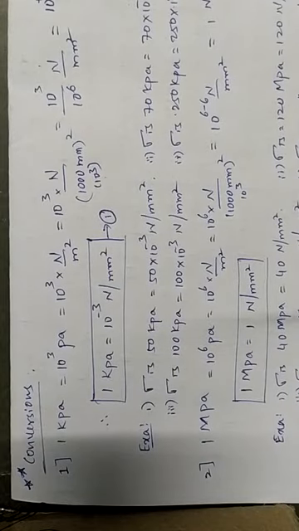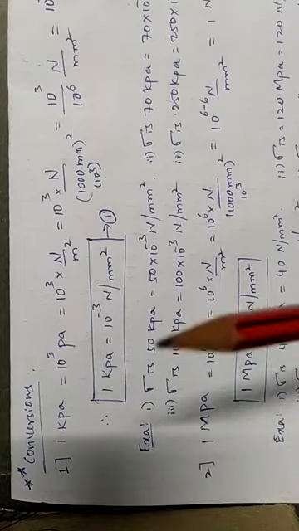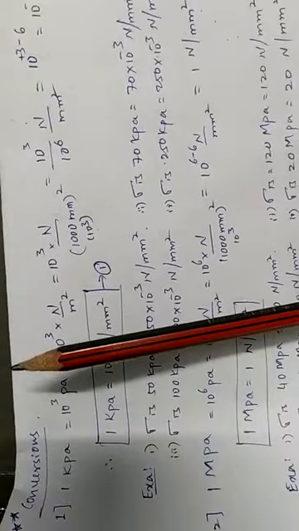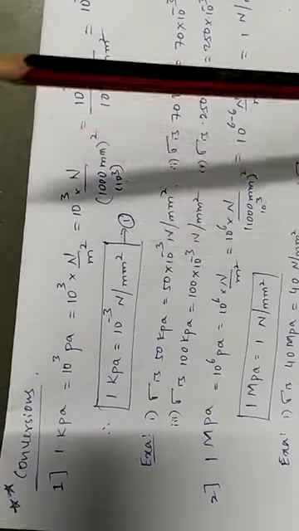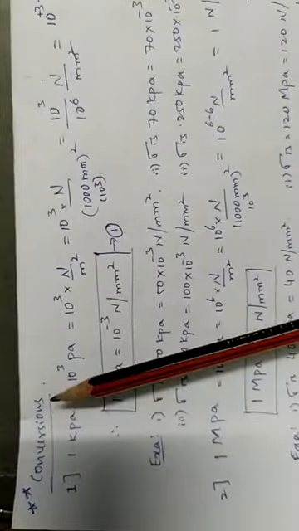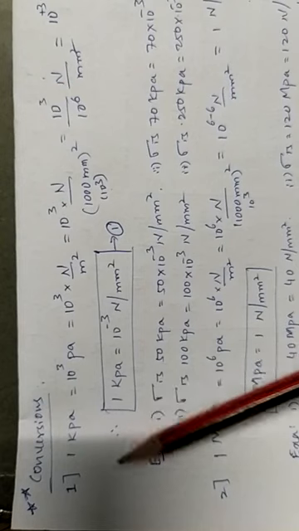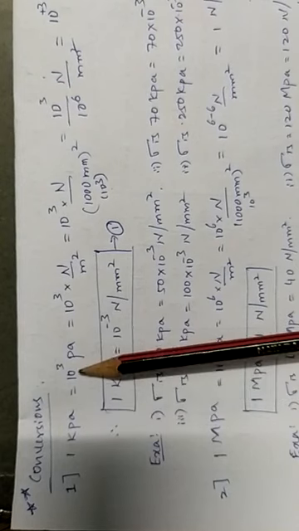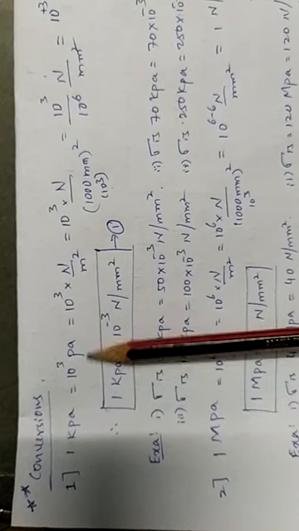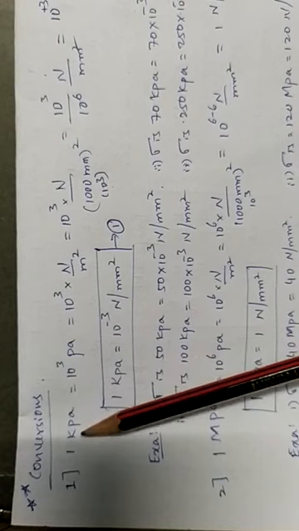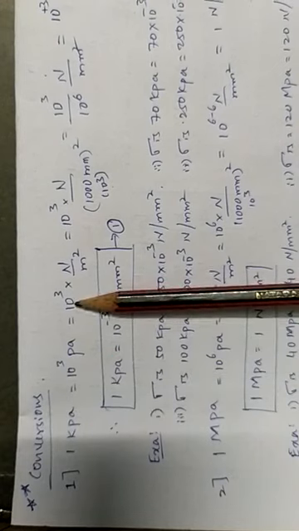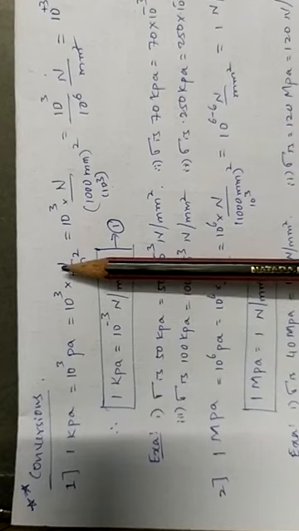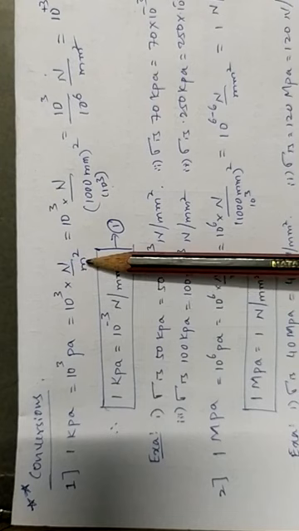If you consider the conversions, see here, conversions are very, very important. 1 kPa, that is kilopascal, is 10 raised to 3 Pascal, because 1 K is equal to 10 raised to 3 Newton per square meter.